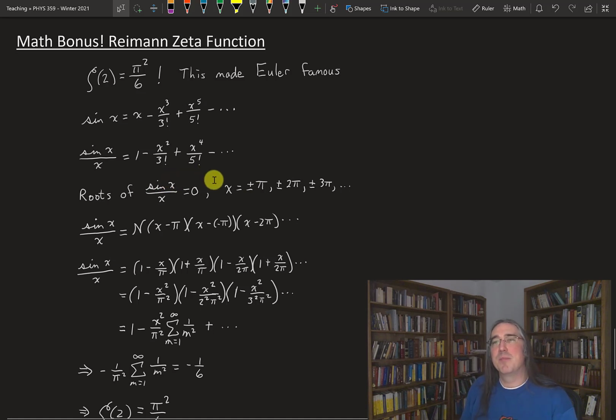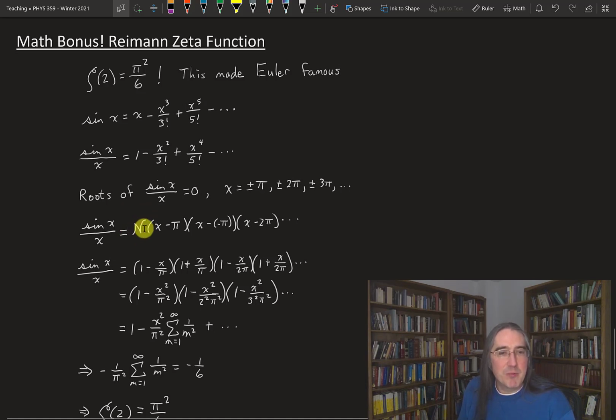Now, if you remember from polynomials, you can always write a polynomial in terms of its roots. So if these are all the roots, then this thing can be written as x minus pi, x minus negative pi, x minus 2 pi, and so forth. And the only thing that's missing is the overall normalization constant.